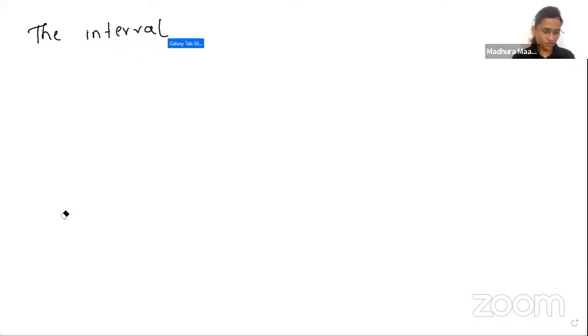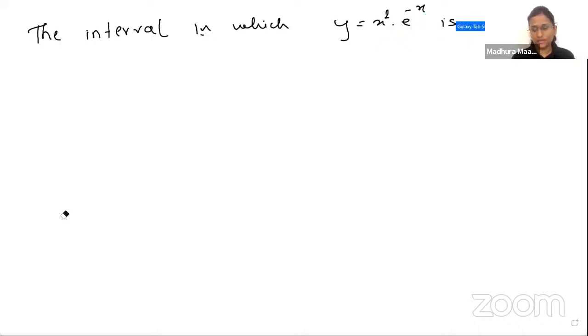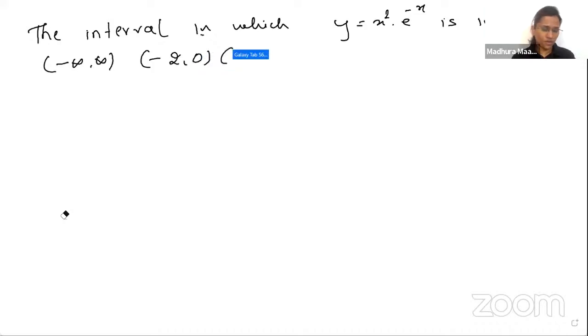The interval in which the function y equals x square into e to the power minus x is increasing. Okay, you have got the options. Option A minus infinity to plus infinity, option B minus 2 to 0, option C 2 to infinity, and option D 0 to 2.